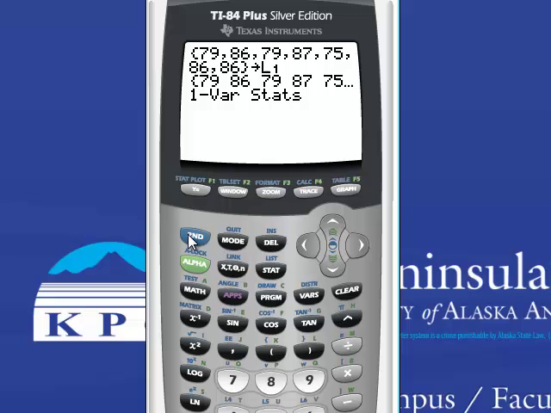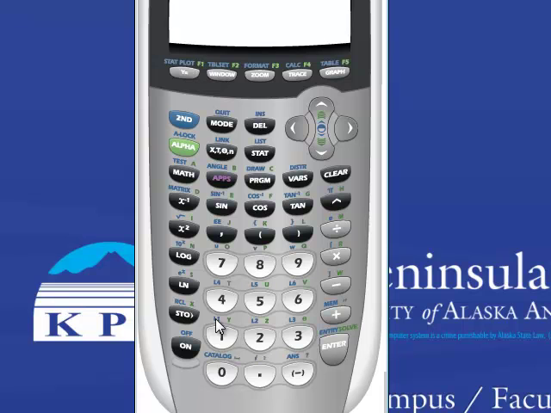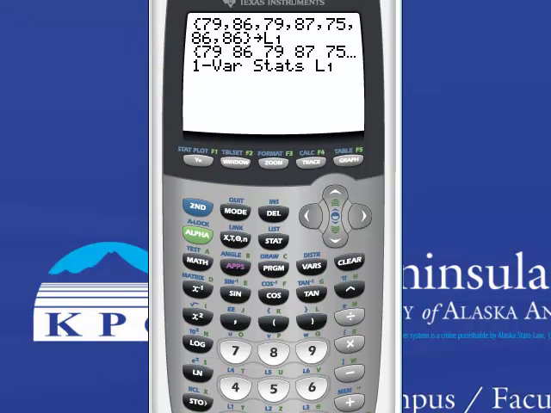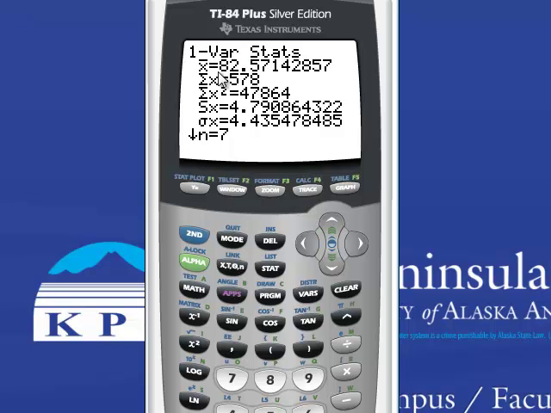I need to tell it to use the L1 data list, by the way. L1 is down here after hitting the second button, and the store that I used a moment ago is right here. So here's the L1. Hit enter, and there it is. Again, 982 plus minus 4. Right there's the sigma, the standard deviation.